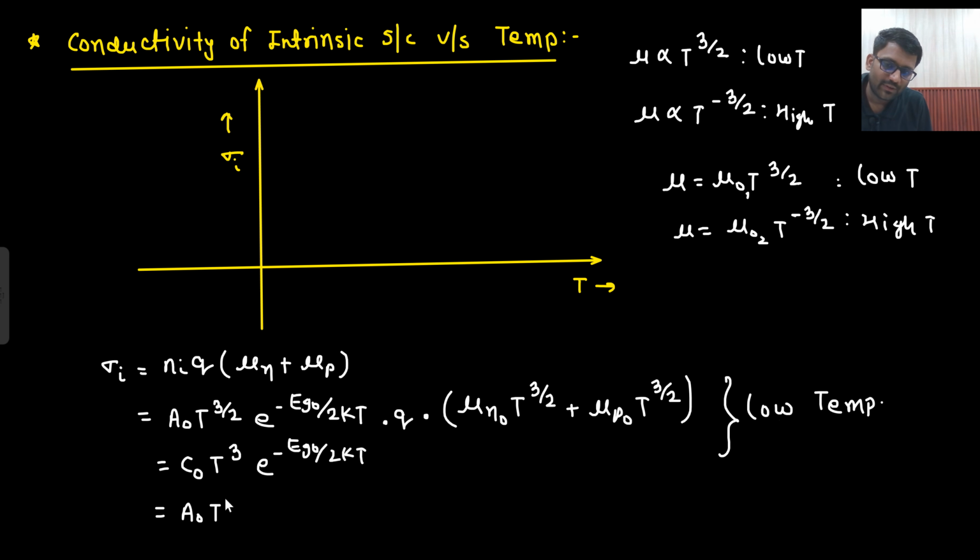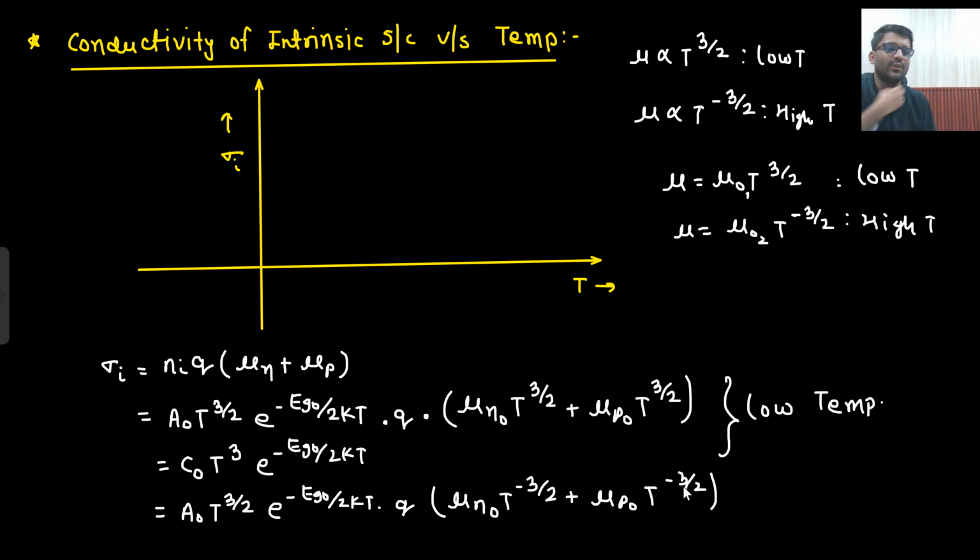So at high temperature, what will I do? e to the power minus Eg naught by 2kT, q, mu n naught T to the power minus 3 by 2 plus mu p naught T to the power minus 3 by 2. This is what you will do at high temperature. Now T to the power minus 3 by 2 will come outside. T to the power plus 3 by 2 and T to the power minus 3 by 2, what would that be? T to the power 0, that would be 1 only.